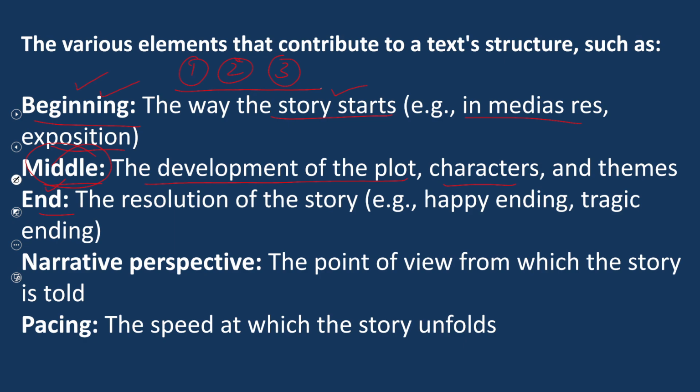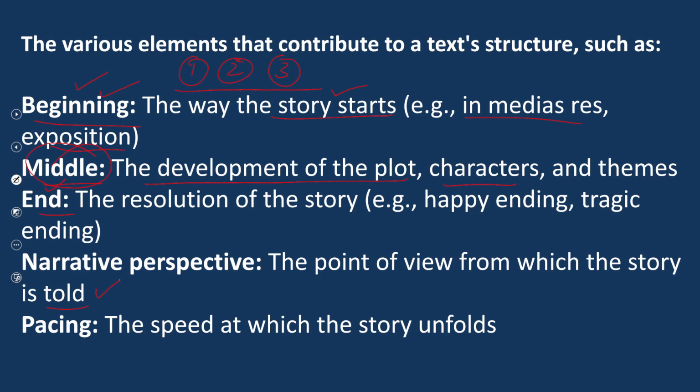Let's talk about another thing, which is point of view, POV or narrative style. The point of view from which the story is told. For example, if the writer is part of the story, then it can be started from the first person view.